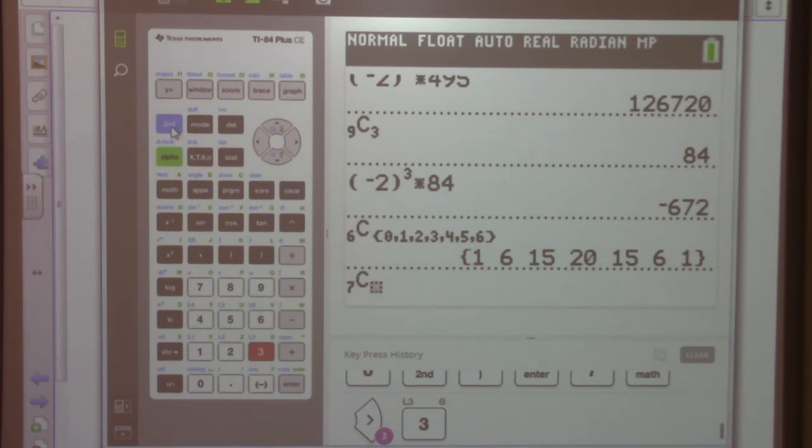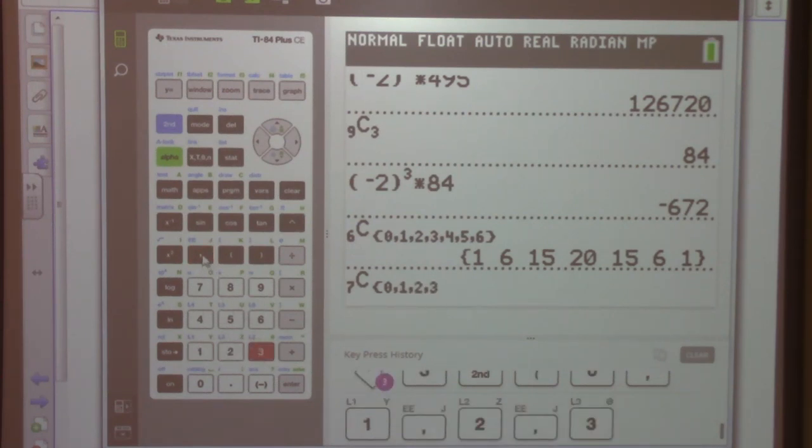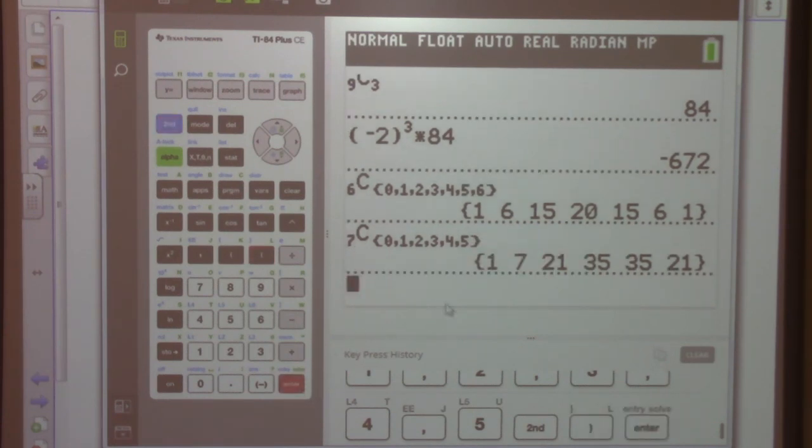So I'm going to press this, 0, comma, 1, comma, 2, comma, 3, comma, 4, comma, 5. And I know because of symmetry what all the terms are going to be, so I'm just going to cut it off here because I know I'll have enough here.